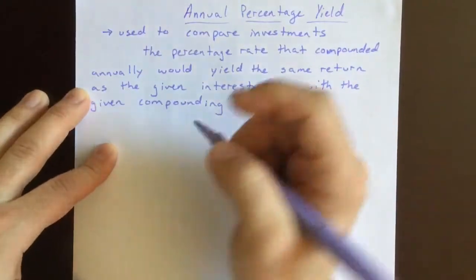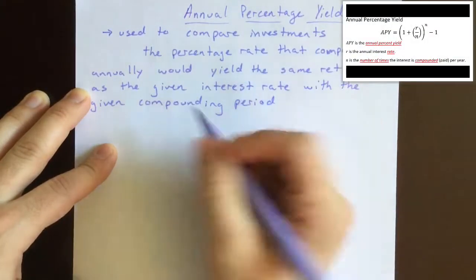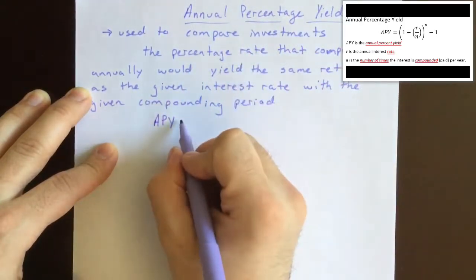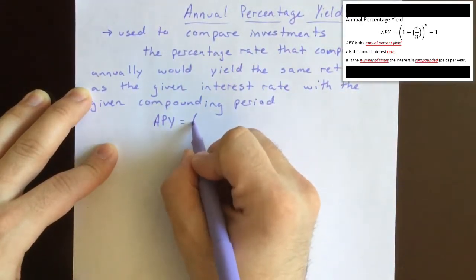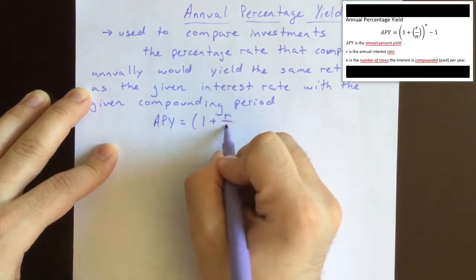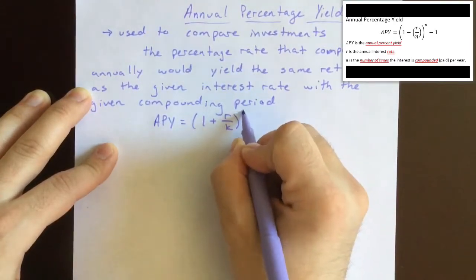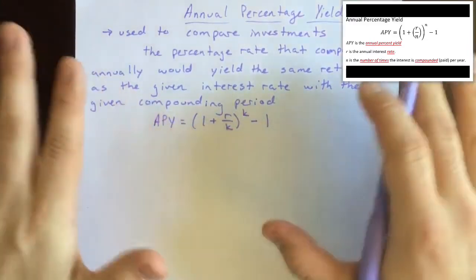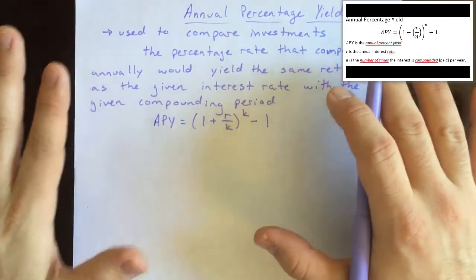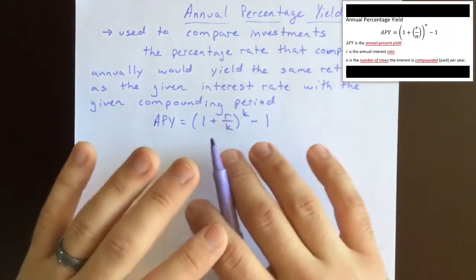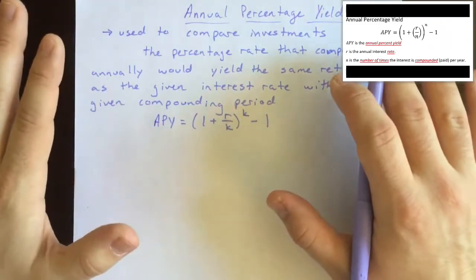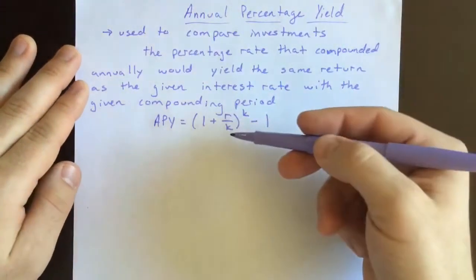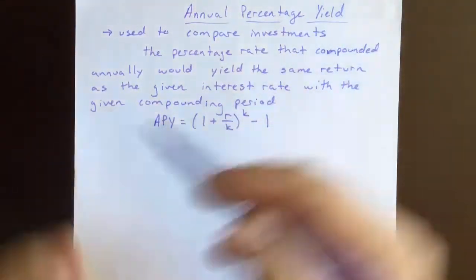So the formula, as we see above, is APY, annual percentage yield, is simply 1 plus R divided by K, raised to the power of K, minus 1. So in examining, we do not focus on any amounts that we're depositing. We do not focus on any time frame that we're investing in. It just looks at the rate and how it is being compounded, and that's it.